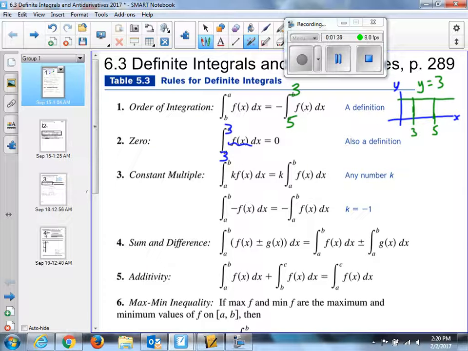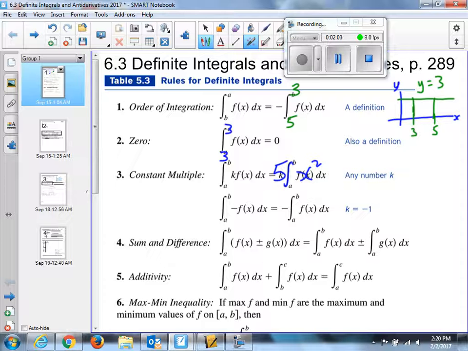Next, constant multiple. I don't care what the a to b is, 2 to 3, 3 to 7, but if you have something like 5x squared, that's the same as doing the integral for x squared and putting the 5 outside the integral sign. You'll get the same numerical answer.